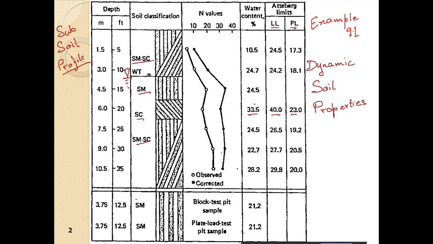You see that it lies between these two and is closer to the liquid limit. It is a serious condition and we should take note of that. The soil will behave somewhat plastic in nature. That is an important part.